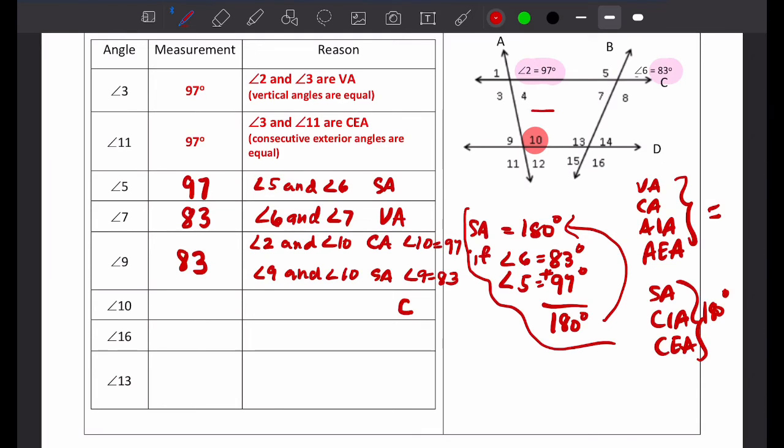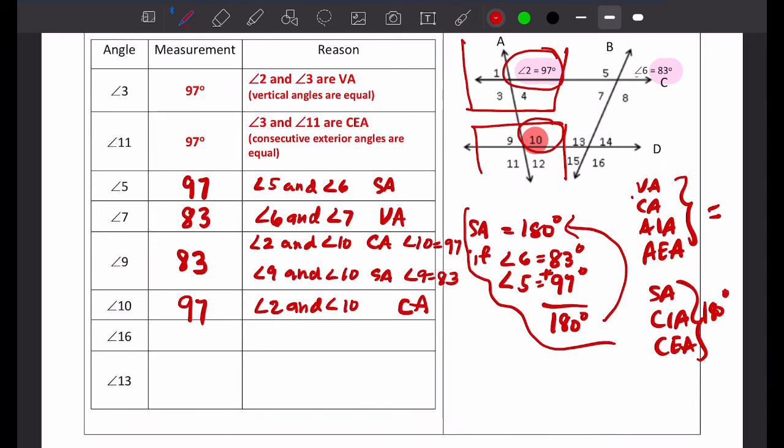If I divide this into two areas, you will see that angle 2 and angle 10 are in the same area, okay? And because of that, they are called corresponding angles. And we know, vaka aya aya, corresponding angles are equal. So angle 2 and angle 10 are corresponding angles. Therefore, angle 10 is equal to 97.